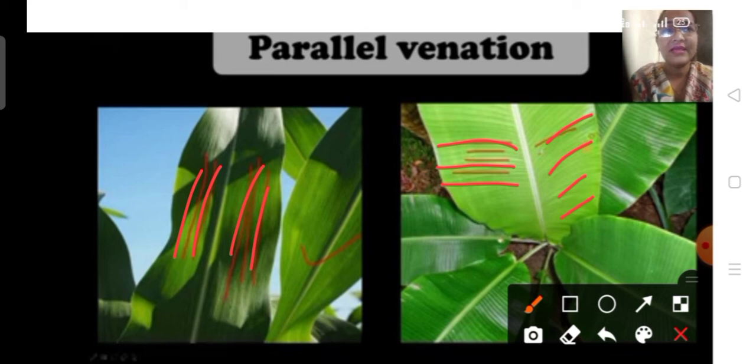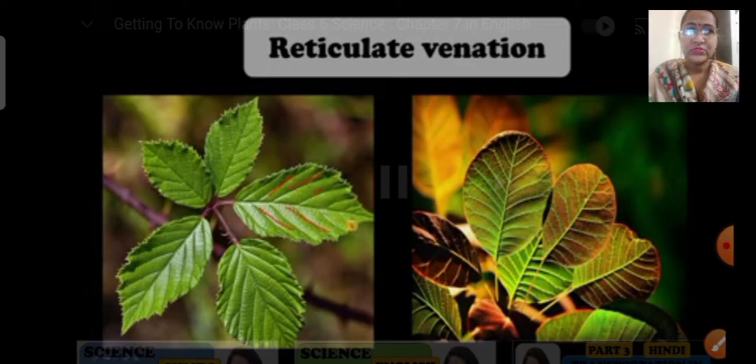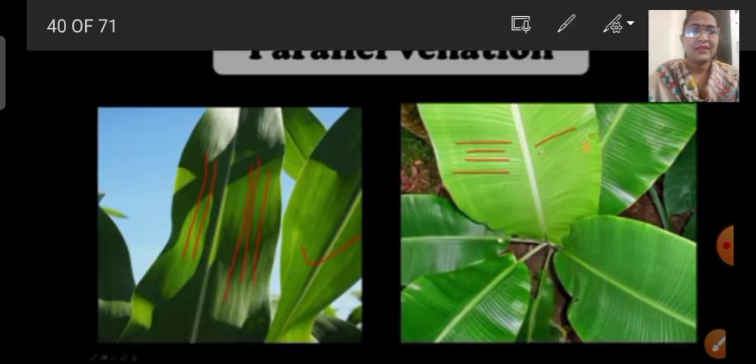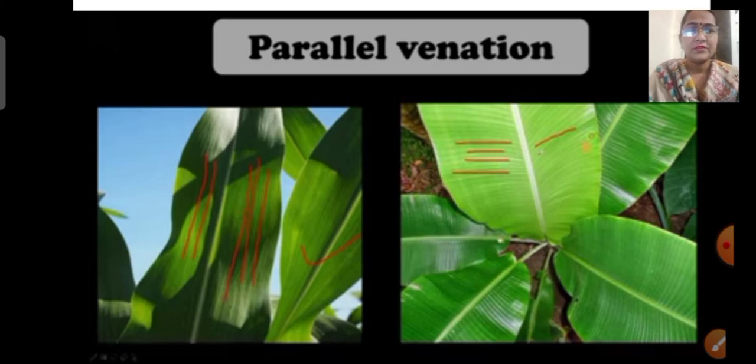Both are examples of parallel venation. So children, we can say that in reticulate venation, the veins make a net-like design on both sides of the midrib, and in case of parallel venation, the veins are arranged vertically or horizontally parallel to one another.